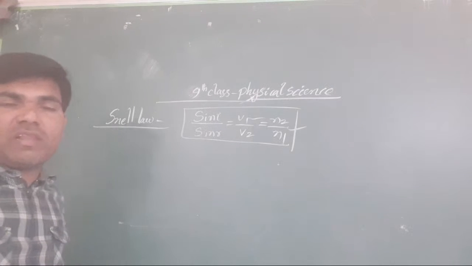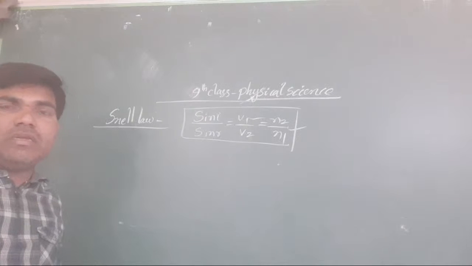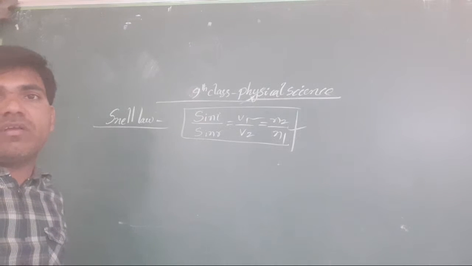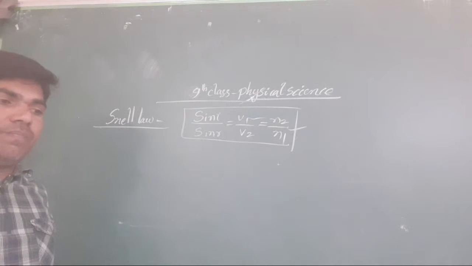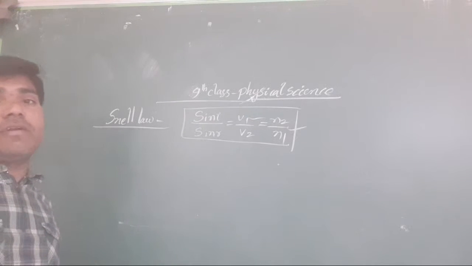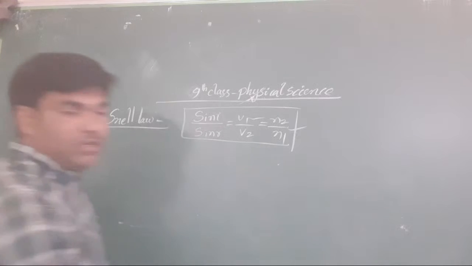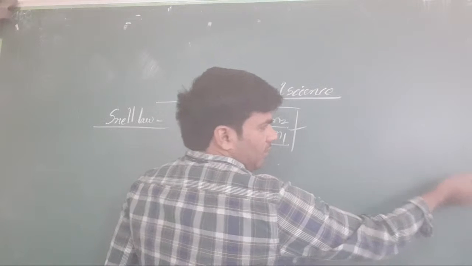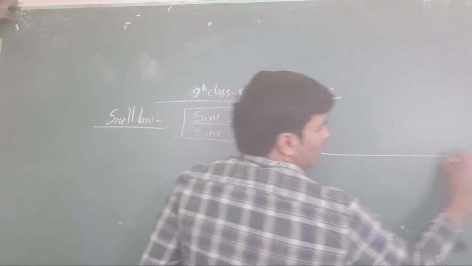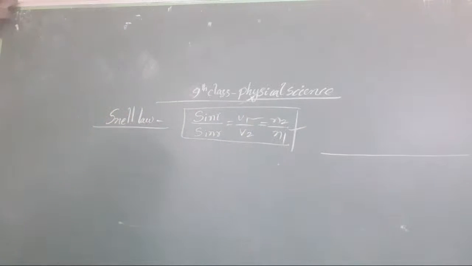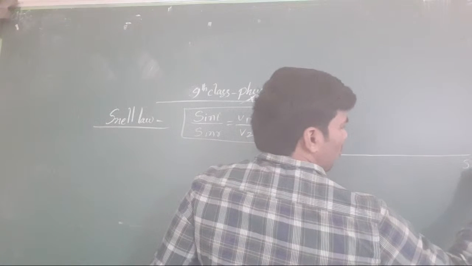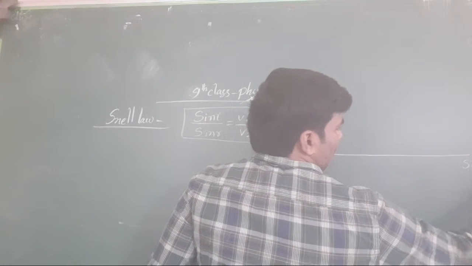We have to prove this law by using mathematical observation and the properties of light. Now let us take one situation. This is the diagram, and it is a very important one. This is the shore line.